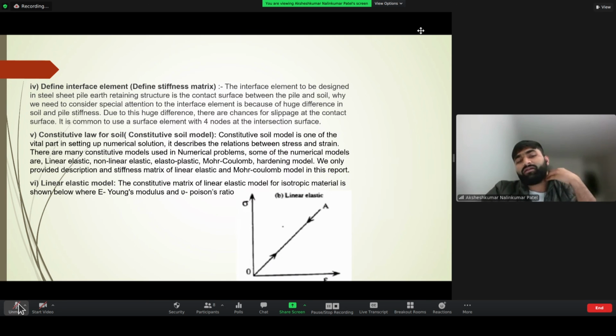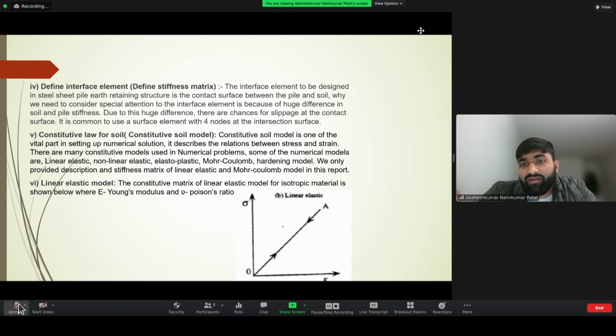It is very important to define the stiffness matrix, and to define the interface element to design a sheet pile or retaining structure. We mostly insert the sheet pile in an earth retaining structure.